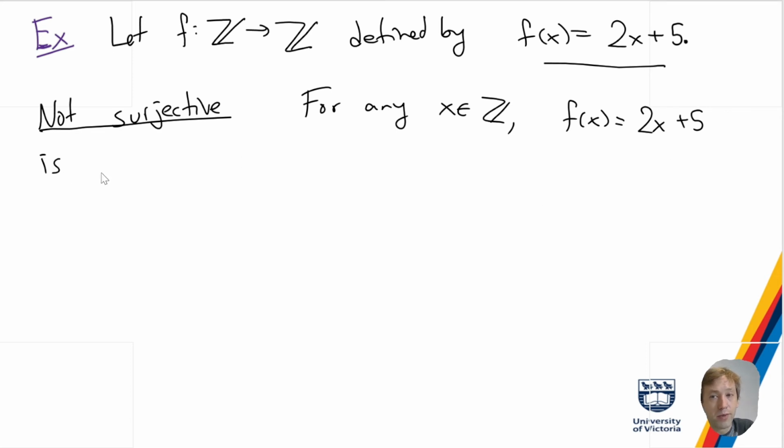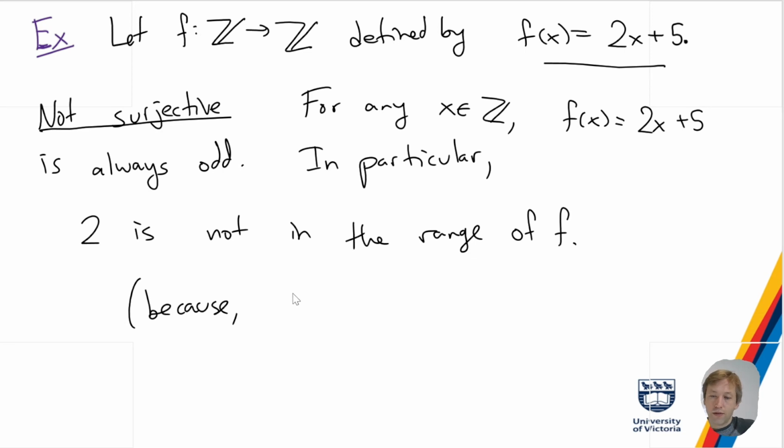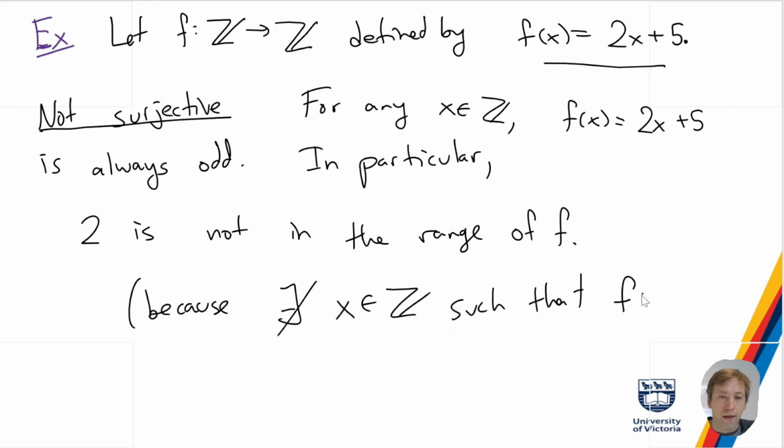This is always going to be odd, because it's 2 times a number plus 5. That has to always be odd. So in particular, the number 2 is not in the range of f because there doesn't exist x in the integers such that f of x is 2.